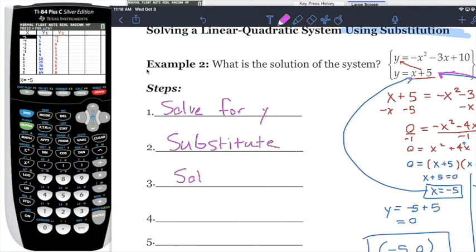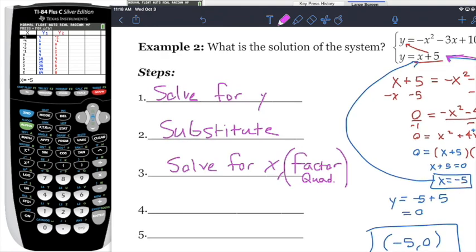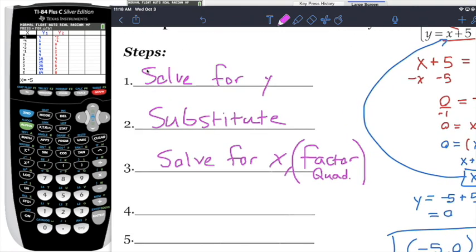Alright, solve for x afterwards. Most of the time you'll do this with factoring, but you can also use the quadratic formula, complete the square, or look for your x-intercepts on a graph. Once you find your x values, plug them in.